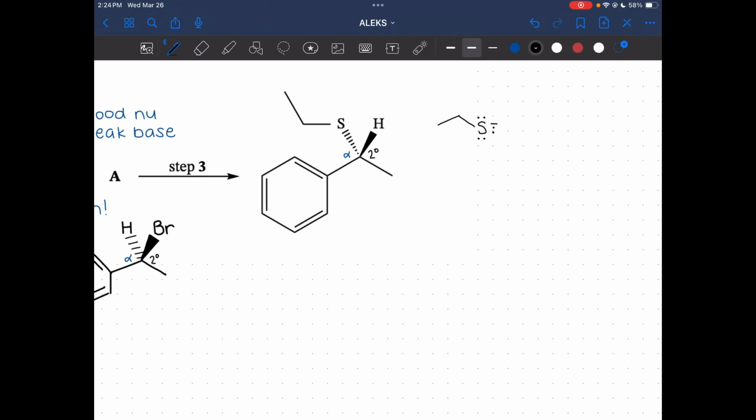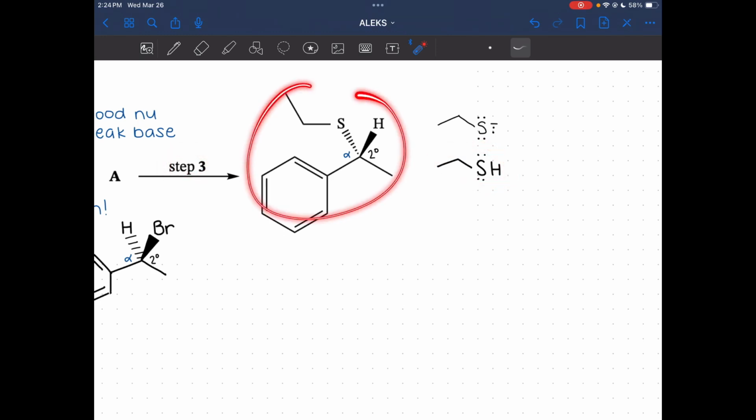Just to divert for a second, what's making me think it wasn't this is that I know I went from A to this in one step. If I had this attack for step 3, that would mean my product here would still have this hydrogen attached to it.